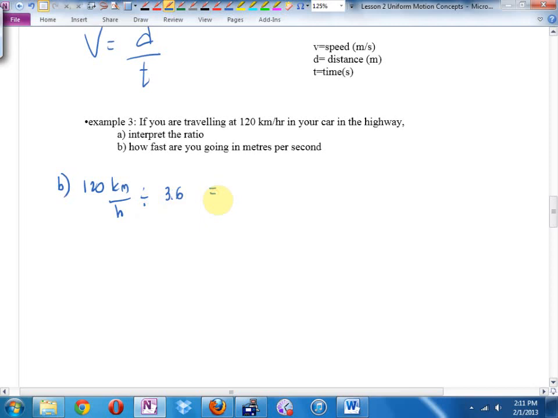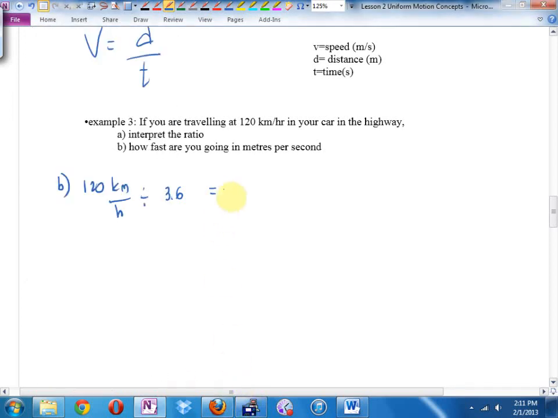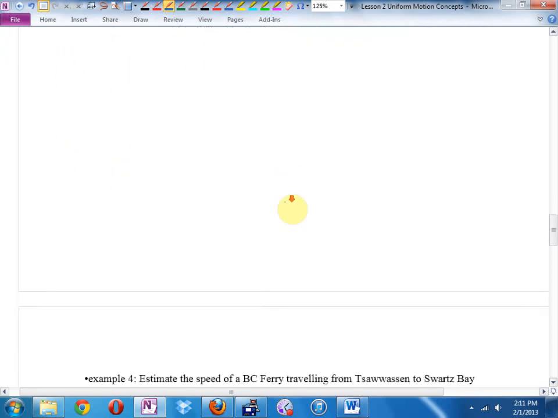And in a day or two, I'll tell you an easy way to remember whether you divide or multiply, but you are going to have to remember the 3.6 part. What is that? I think it works out evenly. Sorry, Dane, what? 33.3 meters per second. Next one.